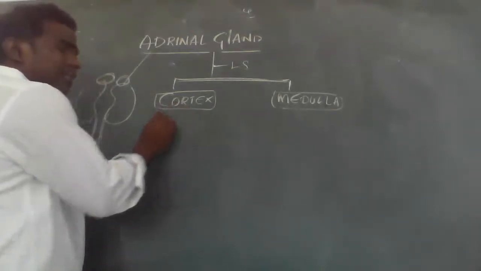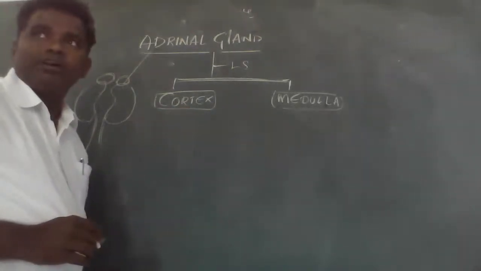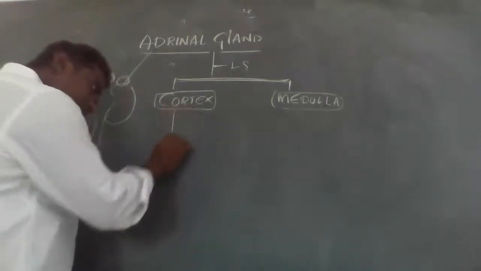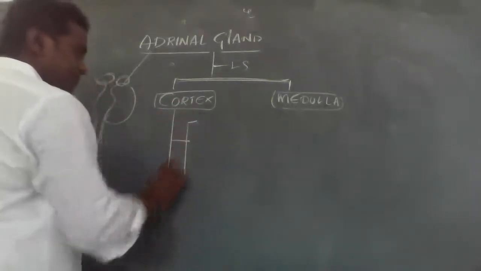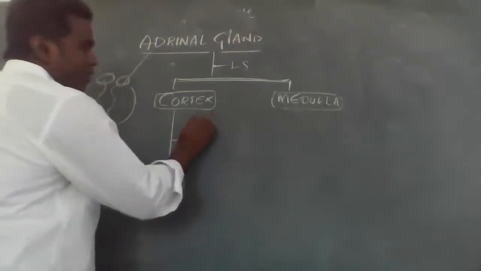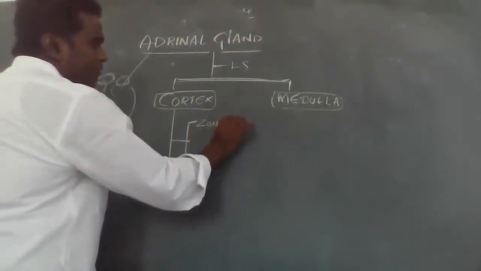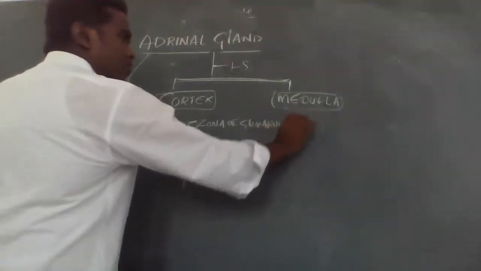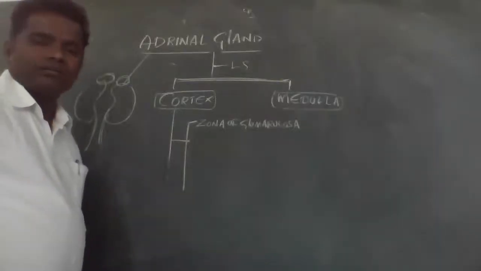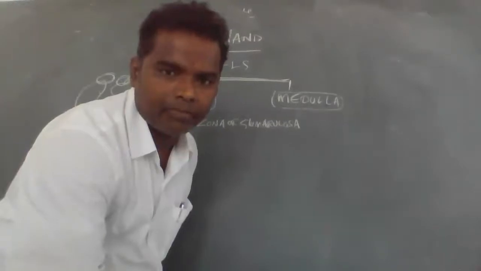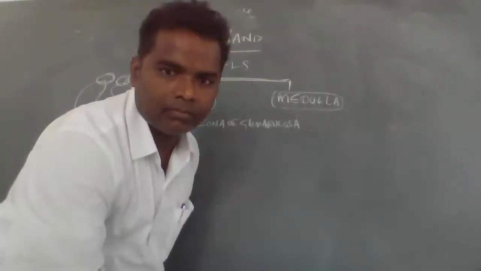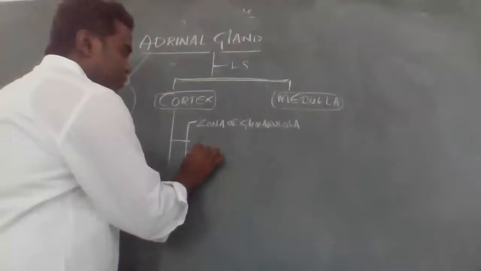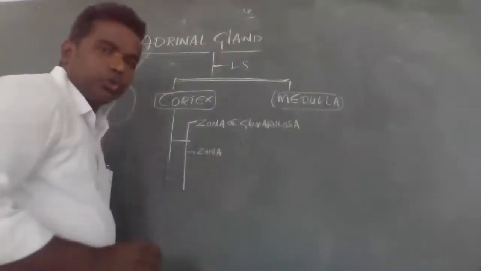In this cortex region, remember one thing: mainly three zones are there. How many zones? Three zones are there. One is zona glomerulosa.